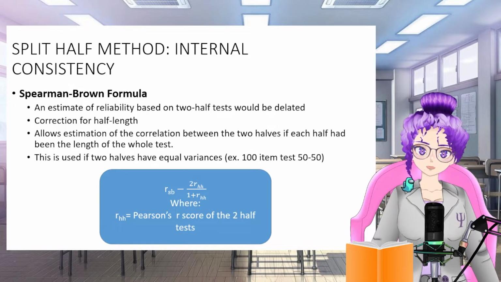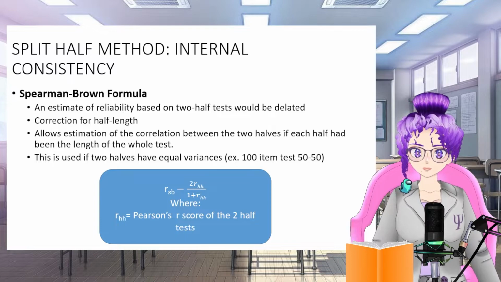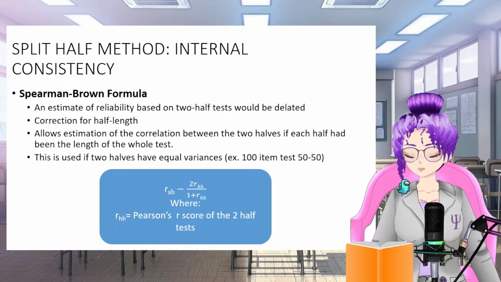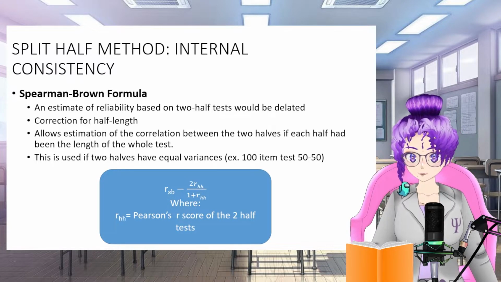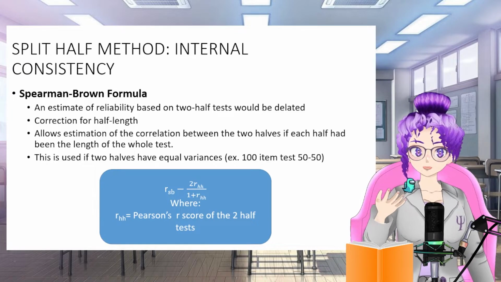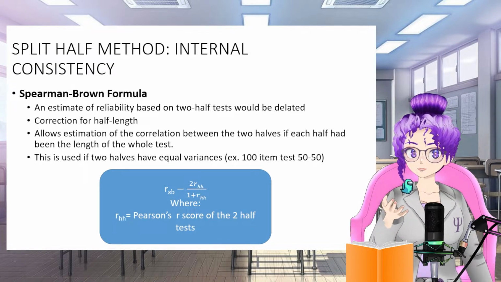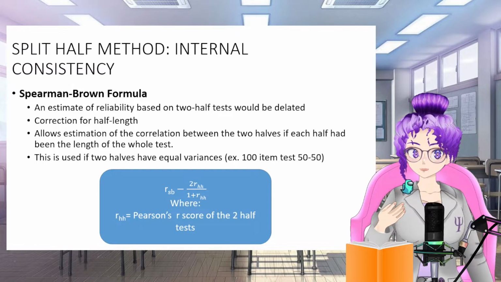So don't worry, we will not manually compute the formula for Spearman-Brown, but everything will be done via SPSS. Everything that I'm talking about, especially in reliability, can be done in SPSS. But just take note of the formula for you to understand how it works.